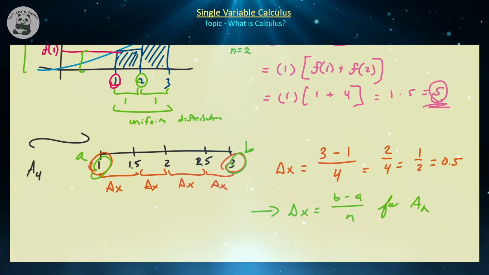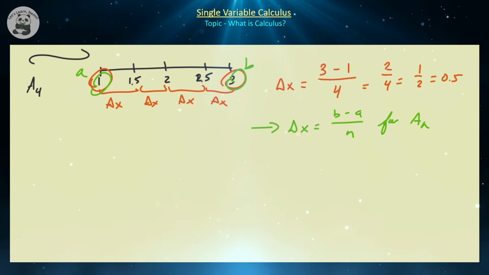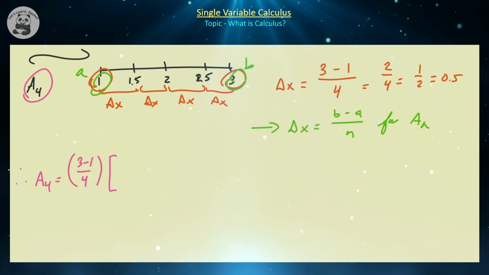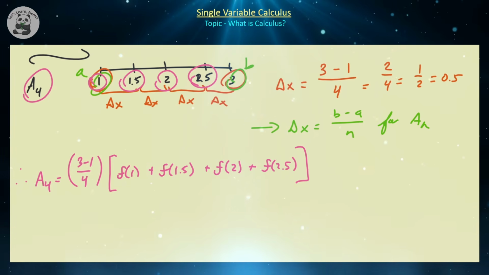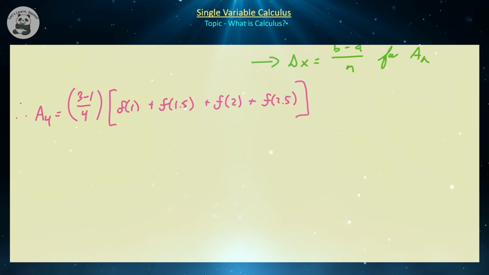So if we use this formulation to find, for example, A4, then A4 is going to be equal to 3 minus 1 divided by 4 times f evaluated at each of those left endpoint values. So that's going to be equal to f of 1 plus f of 1.5 plus f of 2 plus f of 2.5. Now let's see if we can generalize this just a bit more before we jump to the general case.